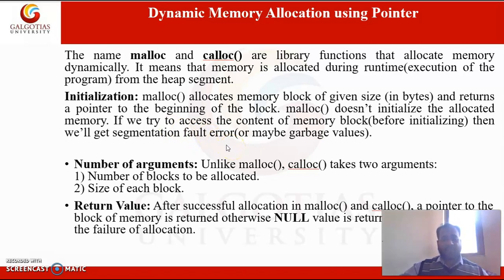Whereas whenever you are using the calloc function, it automatically initializes the values to 0. So one is not initializing the allocated space and the other is initializing it. This is the basic difference between the malloc and calloc methods.